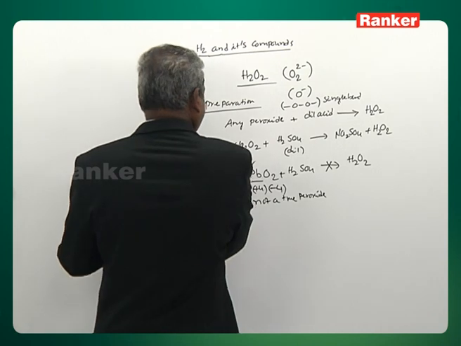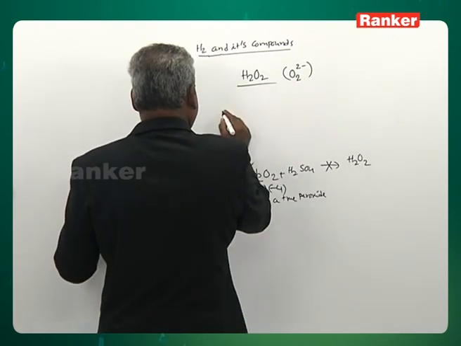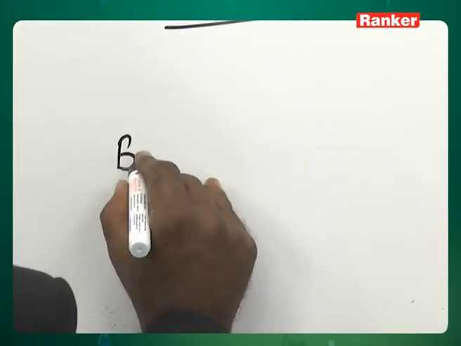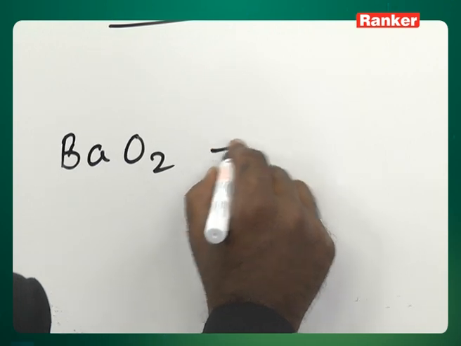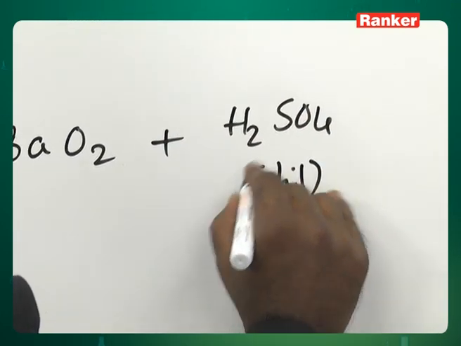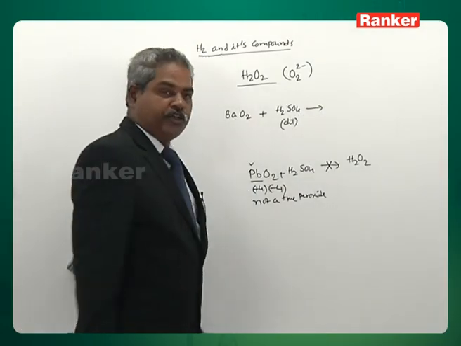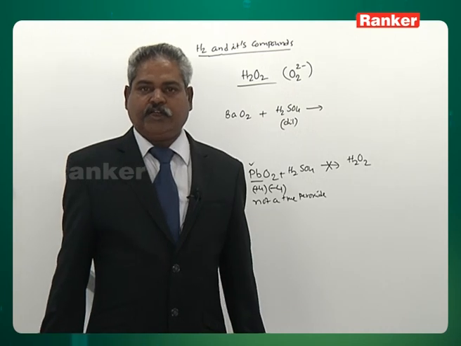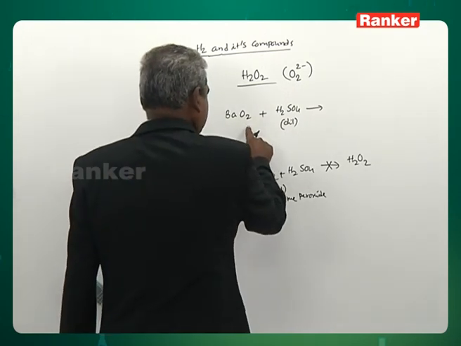Next, BaO2 plus dilute H2SO4. This is barium peroxide, plus 2, minus 2. Barium has a fixed oxidation state, plus 2 only, therefore this is minus 2.